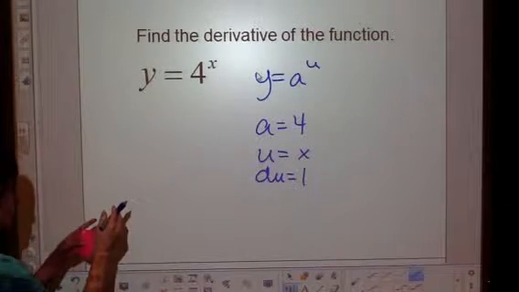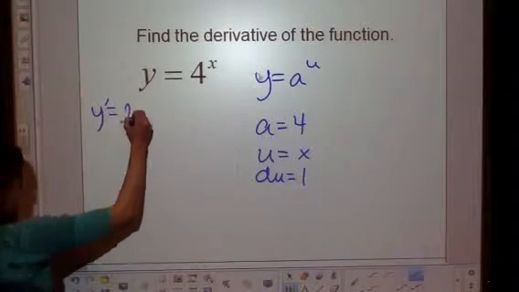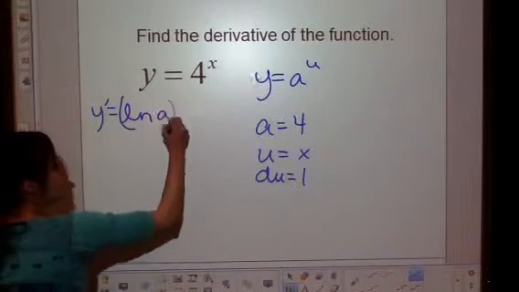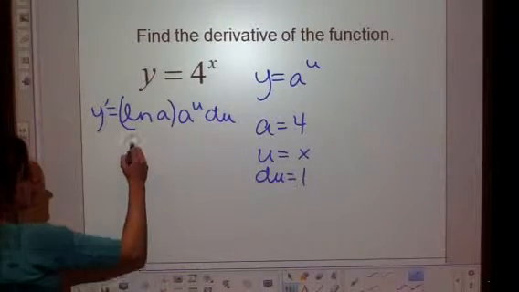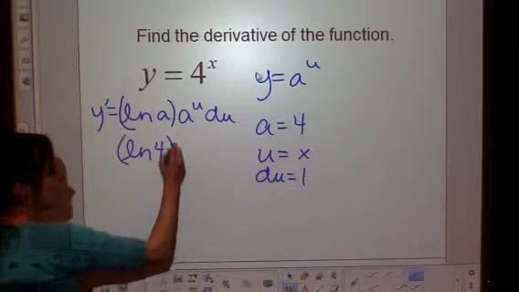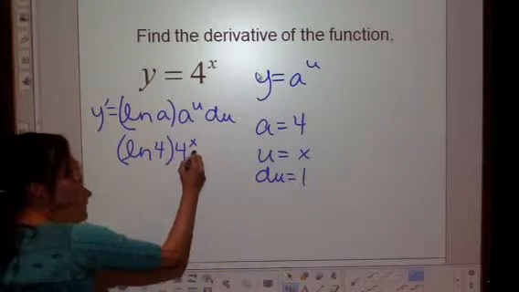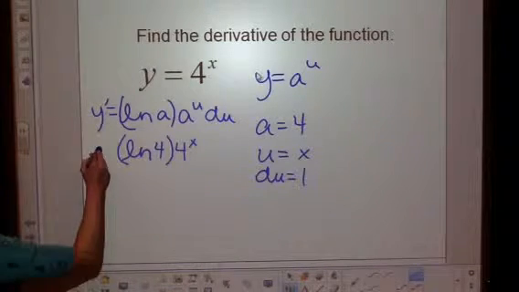Using the formula y prime equals ln a times a to the u times du: ln 4, times 4 to the x, times du, which is 1. You can put times 1 there if you wanted, and you're done.